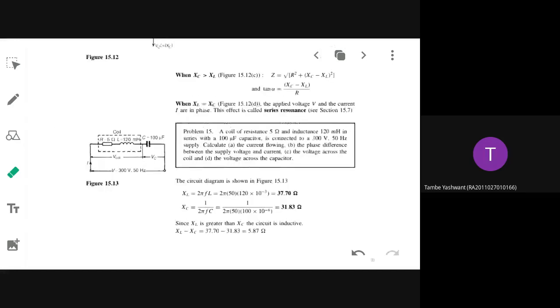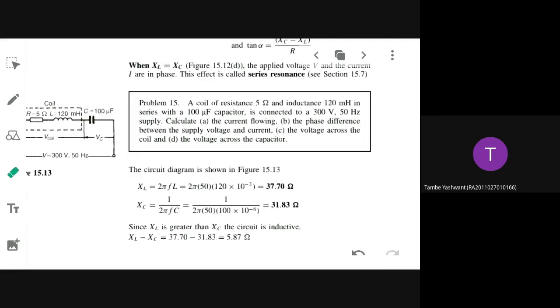What is the value of Z? 7.71. Let me check.